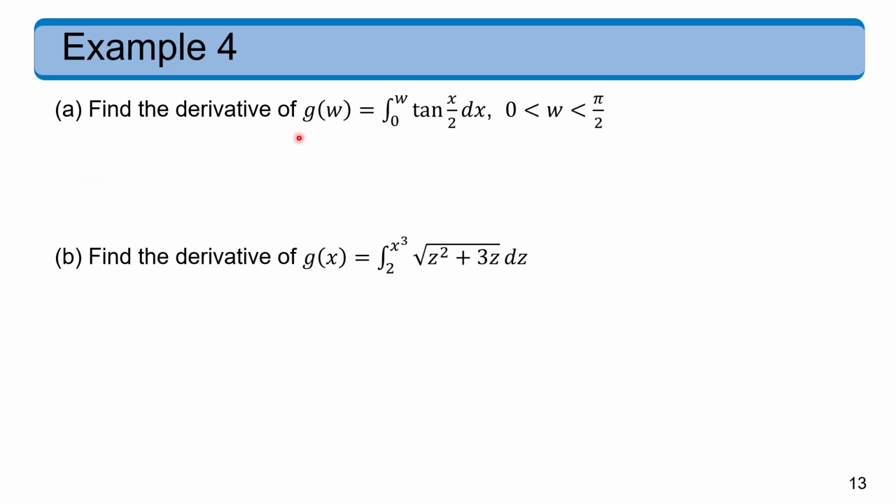We're given a similar type of function, but instead of calling it g of x, this one's g of w. Notice the right endpoint is also w. That has to be the case for the kind of function we're talking about in this fundamental theorem part 1: the independent variable of g has to be the same as the right endpoint.